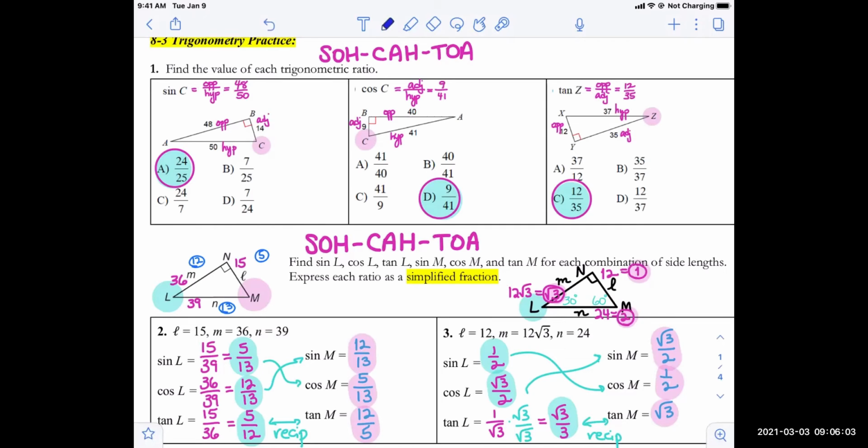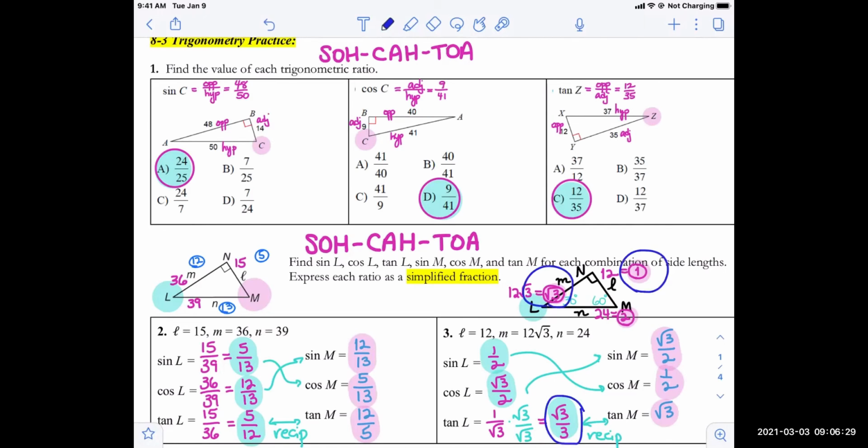You were given the lengths 12, 12 root 3, and 24. So I simplified those down, and that's a 1, 2, root 3. That's actually a 30, 60, 90 triangle. So I simplified it there, and then the tangent of L is the opposite over the adjacent, which is 1 over square root of 3, and then I rationalized it, root 3 over 3.